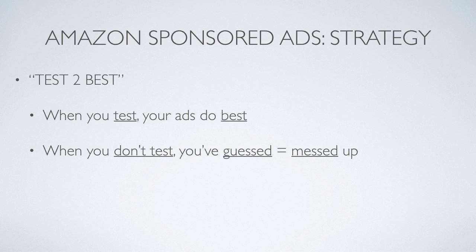And so, what I do with my ads may not work for you in your product, in your market. But generally, I'm going to provide you with some guidelines with regards to your sponsored ads. But again, it's based on the concept of testing because that's how you will perform best with your Amazon sponsored ads.